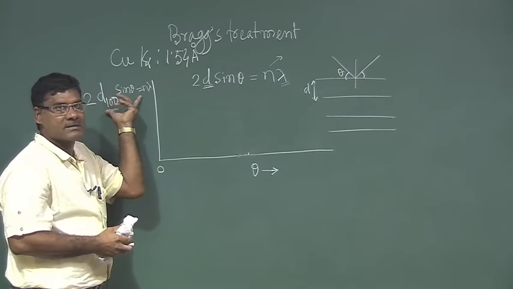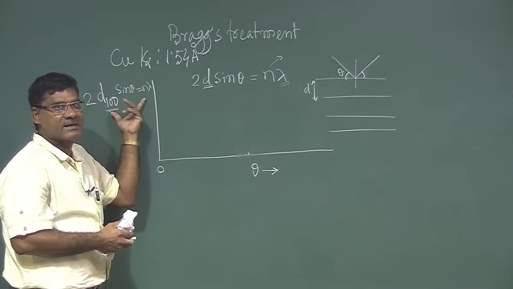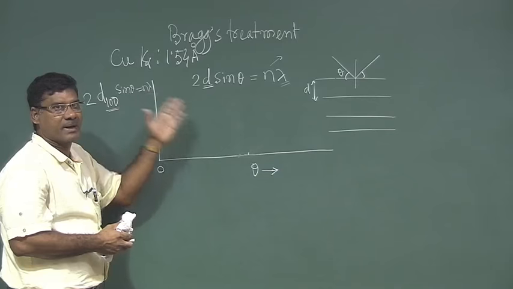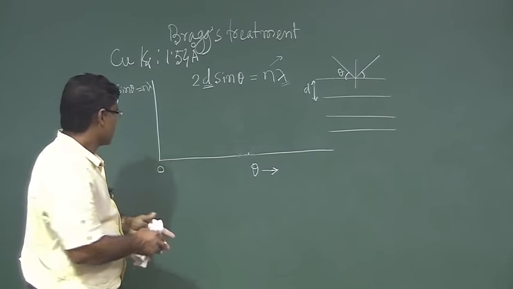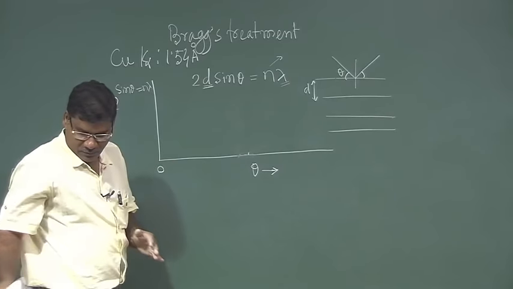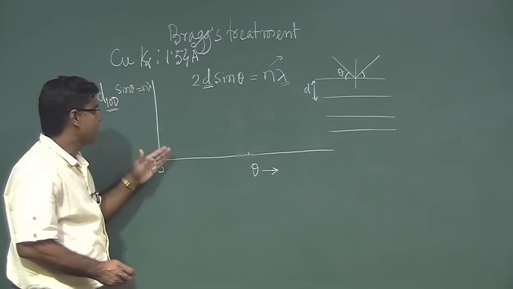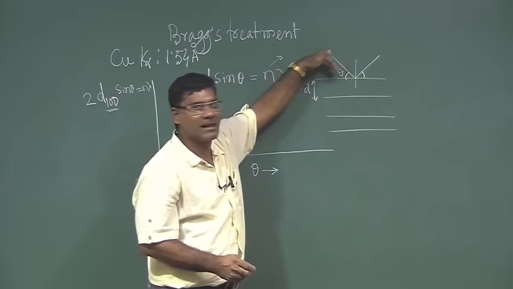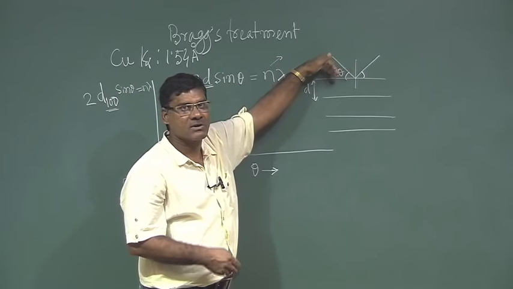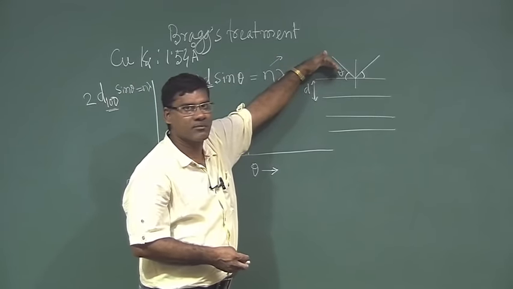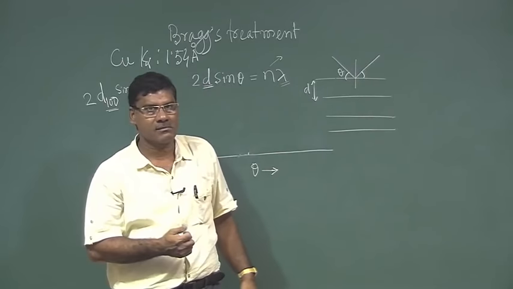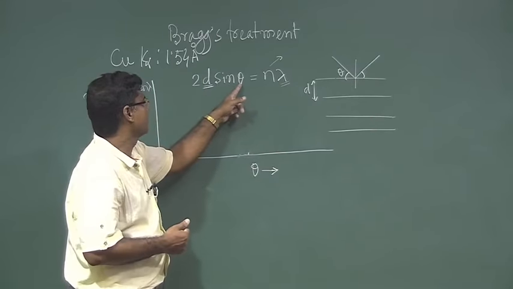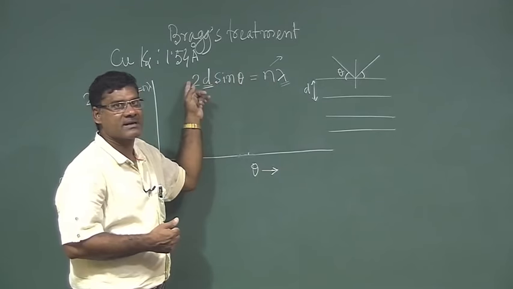When this relation is satisfied, we will get the peak, that is, constructive interference. So, we vary theta, we change this angle. How to change the angle, I will discuss.